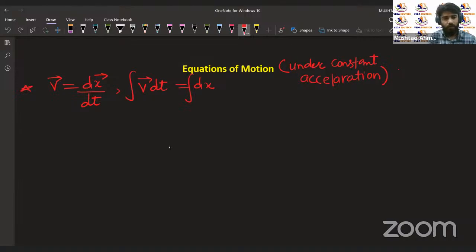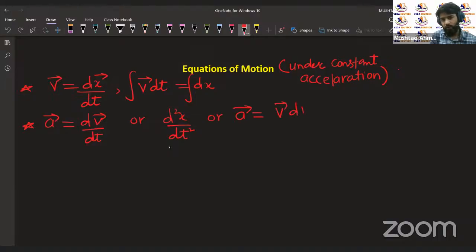In the second case, we define acceleration as dv over dt. Acceleration can also be defined as the second derivative of the position vector, or as v dv over dx. So this is how we define the different equations of acceleration and velocity.